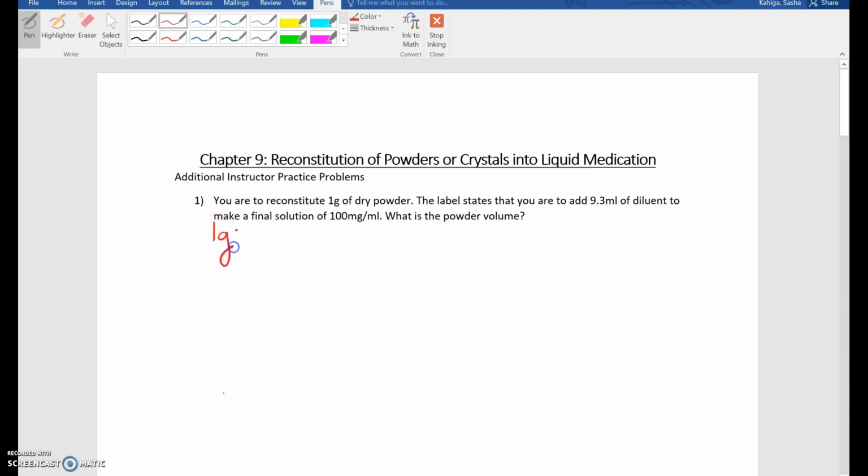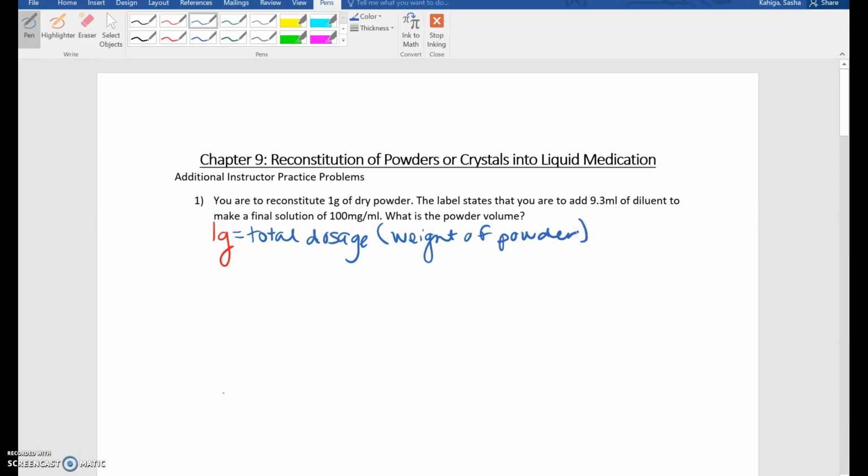So that 1 gram is considered your what? Your total dosage. In detail, your total dosage is the weight of powder.